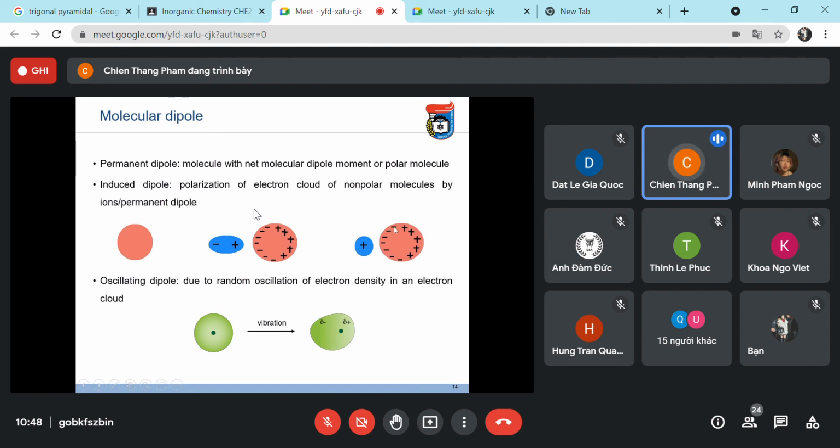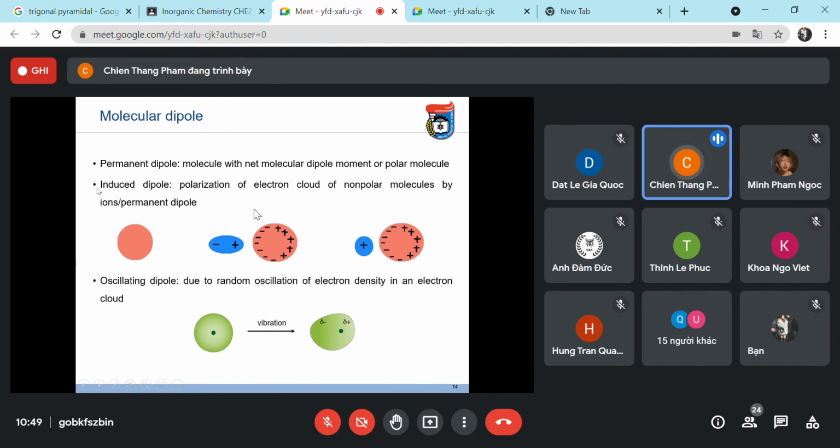Because there is an electron-rich and an electron-poor region, we can see the separation between the negative and the positive charge. So in this case, you can see that it changes from non-polar to polar. We call this a new dipole. And this dipole is not from the system, because it is produced by the effect from the environment.